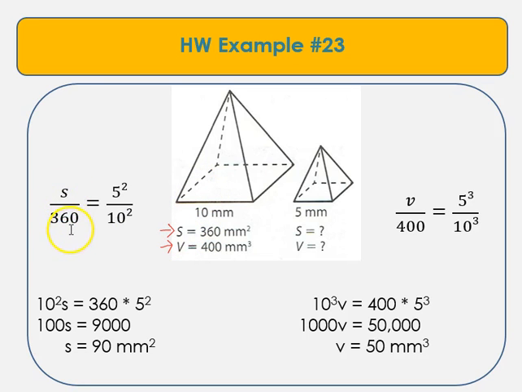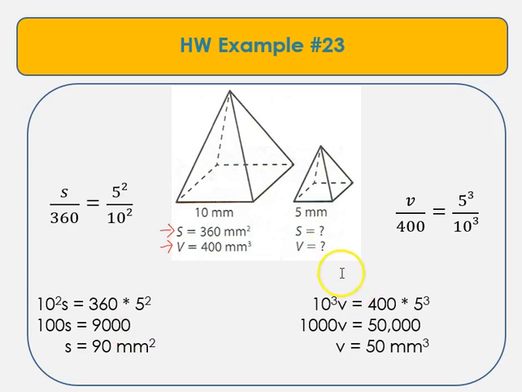So S/360 equals the comparison of the side lengths, which is 5 millimeters squared over 10 millimeters squared. Then S times 10 squared equals 360 times 5 squared. That is 100 S equals 9,000, and the surface area equals 90 millimeters squared.